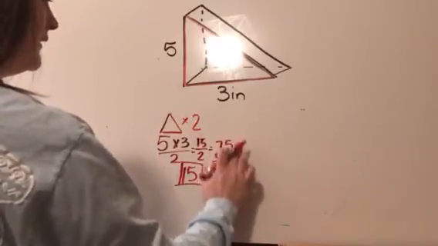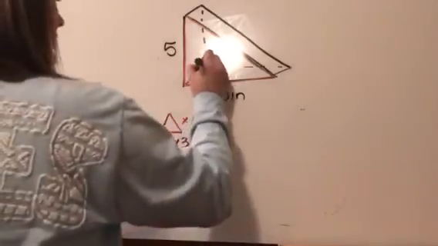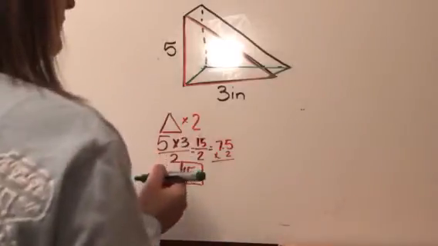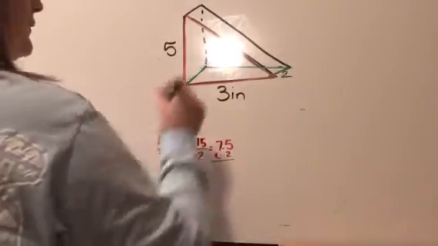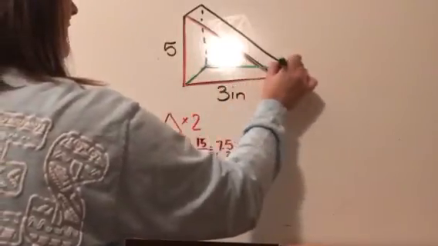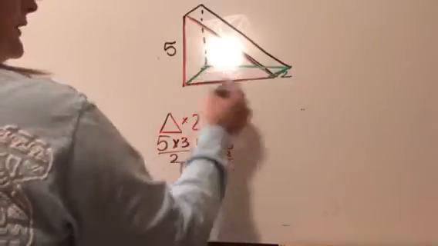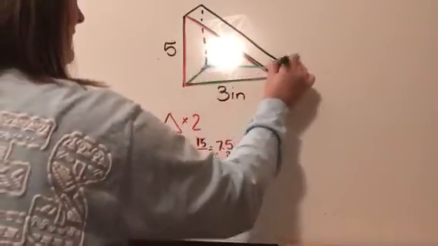Alright, now let's look at the base. The base is right down here. And I think I left a number off. Yes, I did. I need to add a number here. Let's put a 2. So we're going to find, and I know it's not perfect, but it is a rectangle, the area of this rectangle. It is 3 times 2.